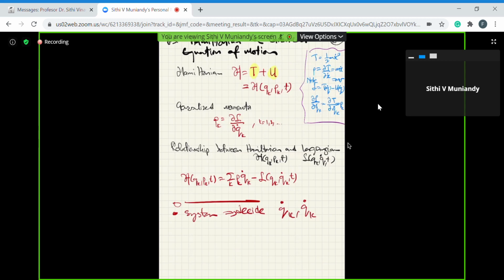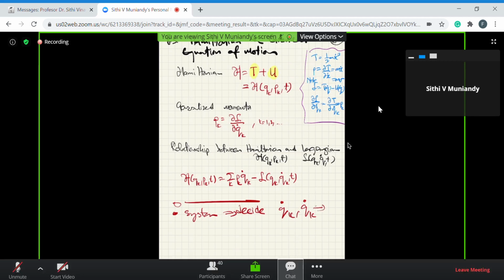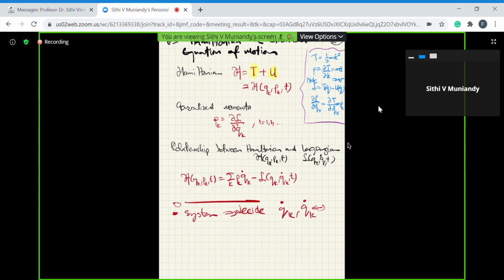Once you decide this, from this Q there is a kind of switching between the Q and the momenta. This is the momenta that we are writing here. The connection between these is achieved through this relation, the relation between the Lagrangian and the velocity.